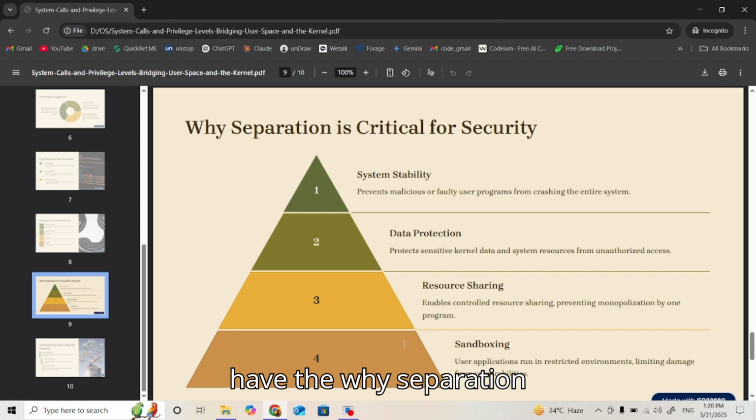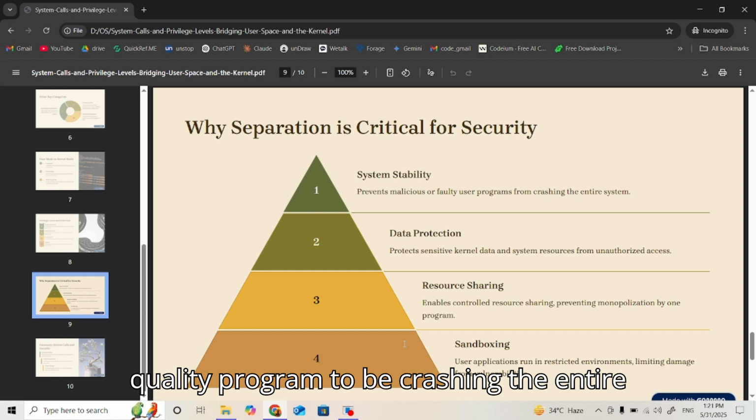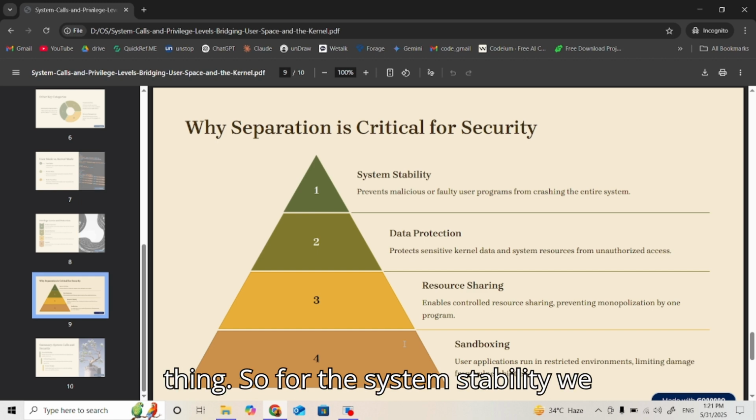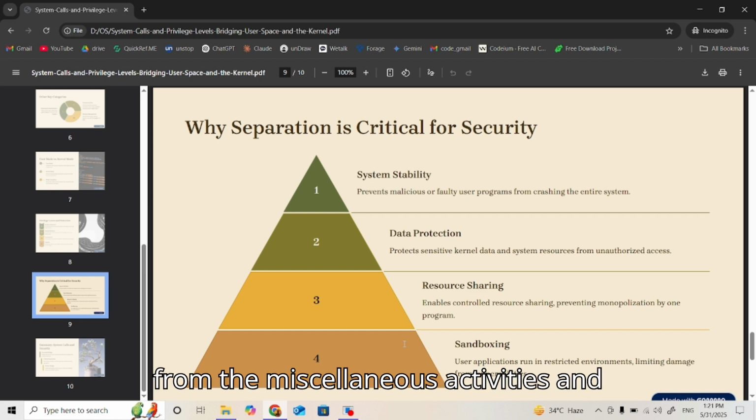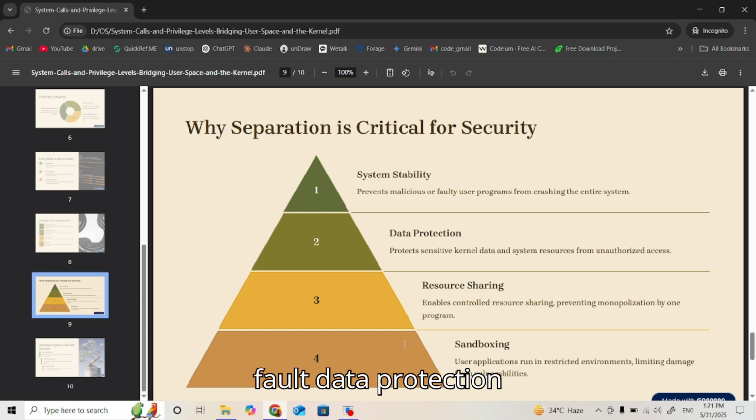Here we have why separation is critical for security, why the separation is needed. Here are some factors. System stability: preventing miscellaneous faults and faulty programs from crashing the system. For system stability, we obviously need that to protect our system from miscellaneous activities and faults.